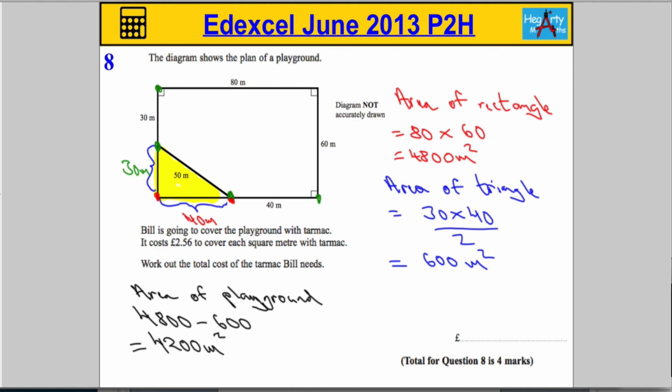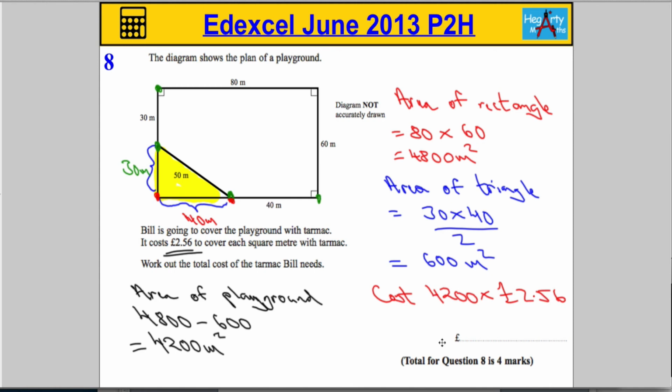It tells us that it's going to cost £2.56 for every square meter. So the cost is going to be found by doing 4,200 times £2.56.